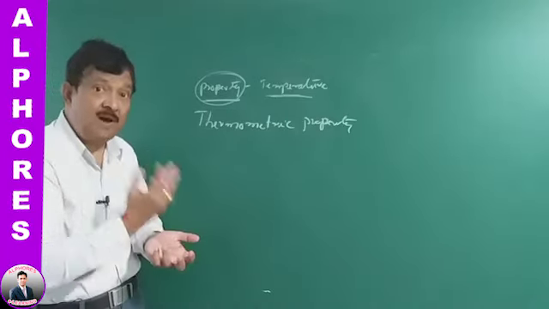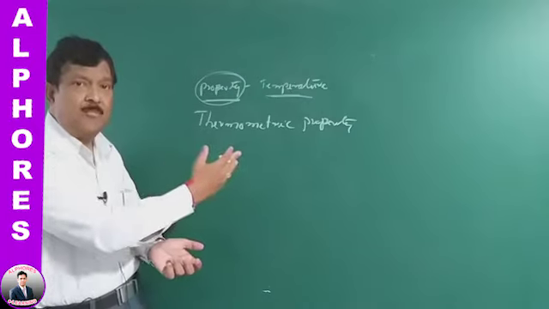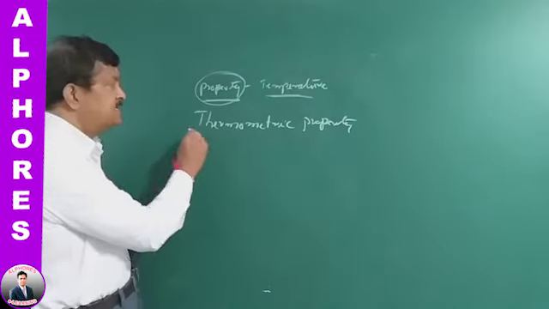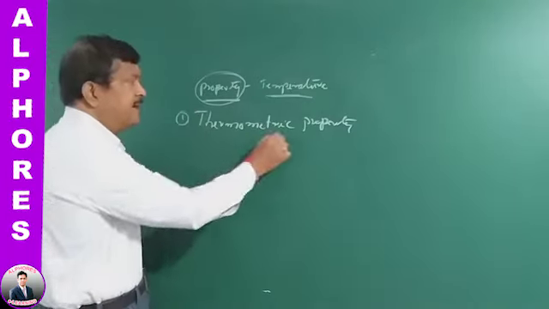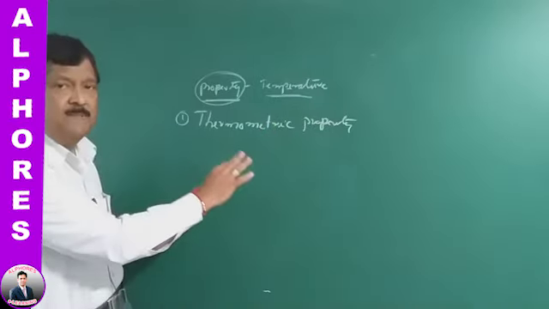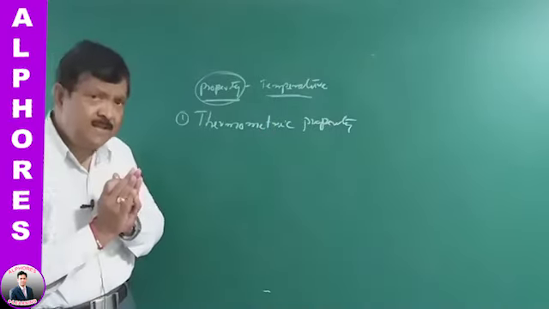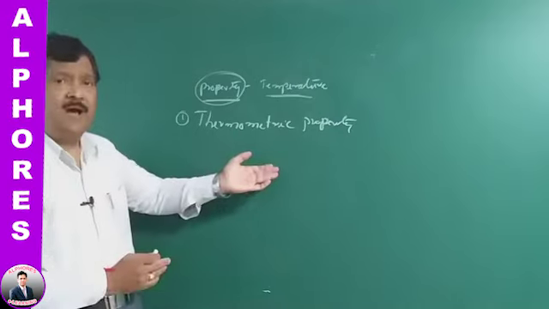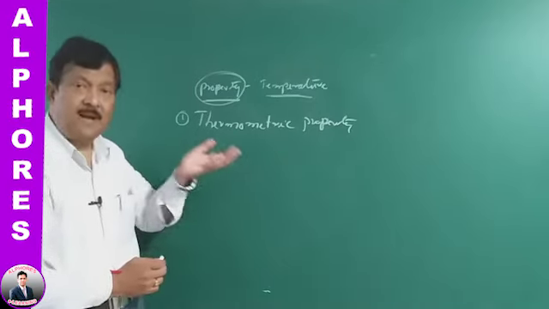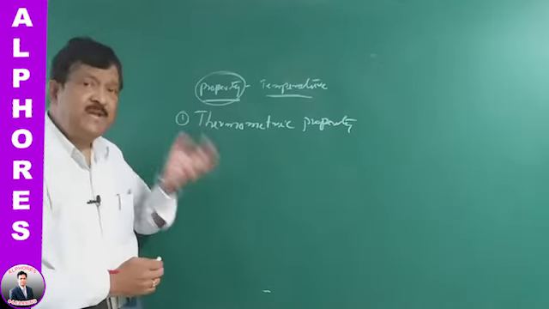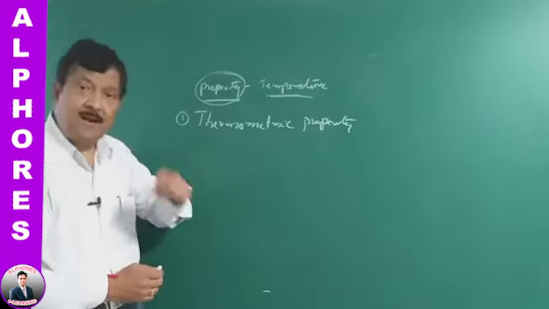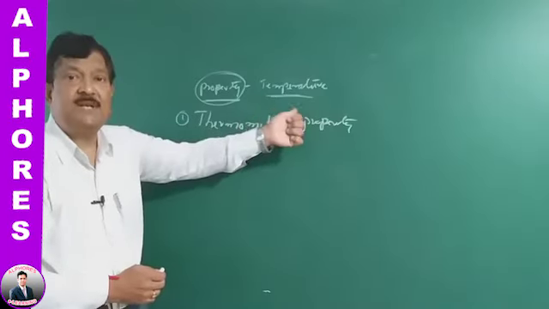If the changes are large enough, then only we can measure. Therefore, let us define this property. It is a physical property of a body or a material which will change considerably or measurably with the temperature.